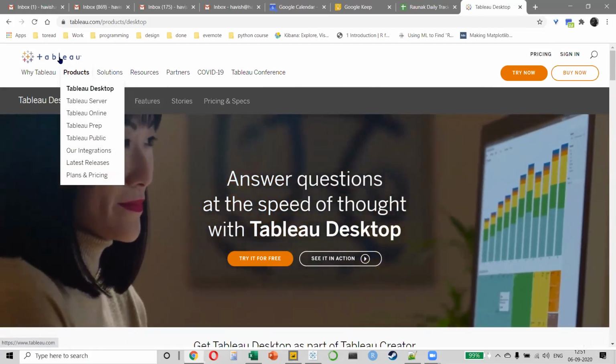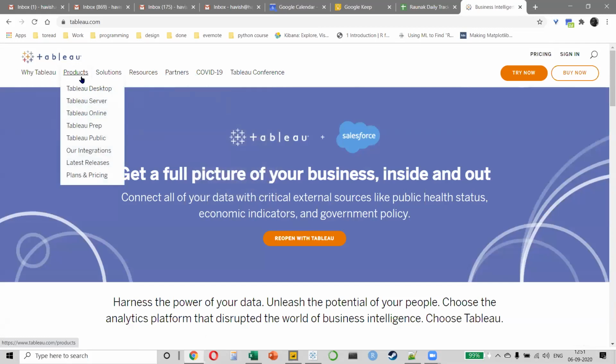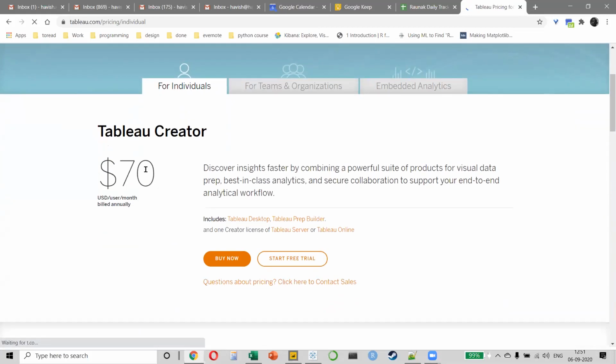And if you look at the pricing, Tableau Desktop is available as a part of something called Tableau Creator, which means that you have to pay $70 per user per month. So basically about 60,000 rupees per year. And what do you get in this? You get Tableau Desktop, Tableau Prep Builder, which is something we'll not be covering, and Tableau Server and Tableau Online. So this is the one that I have.